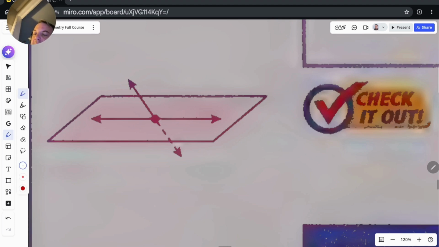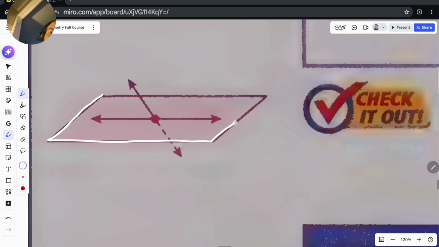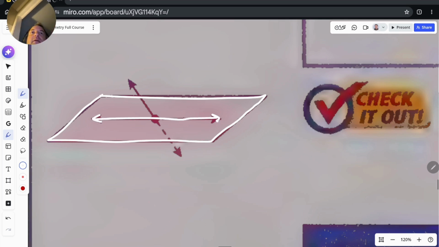This will be the plane. And we want to draw a horizontal line that lies inside the parallelogram with arrows on both ends. That's here. That is the line inside of the plane.